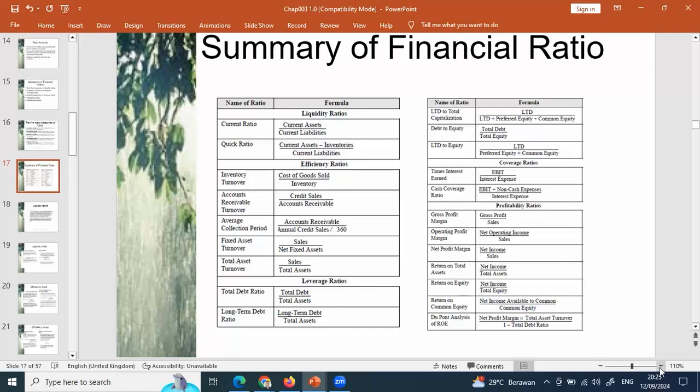Quick ratio is current asset minus inventory, because inventory takes more time to sell. So we need quick money, cash and account receivable, divided by current liabilities. Inventory turnover is cost of goods sold divided by inventory, and so on.